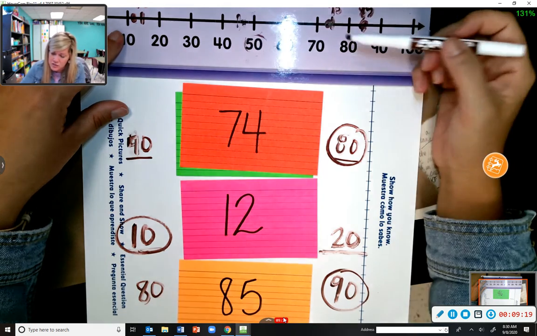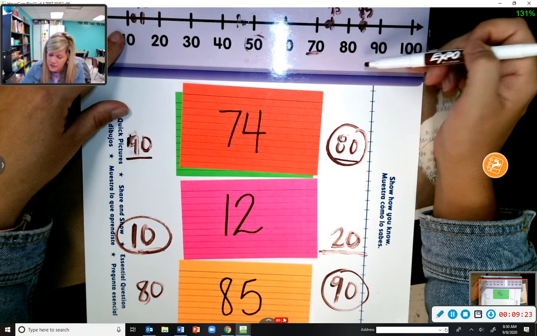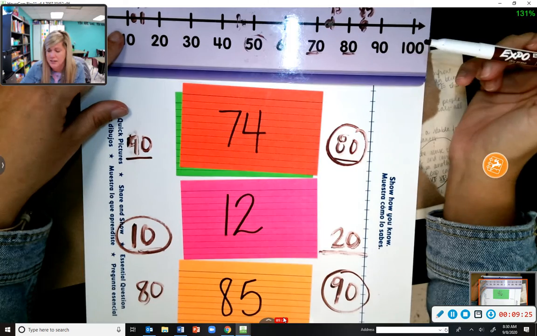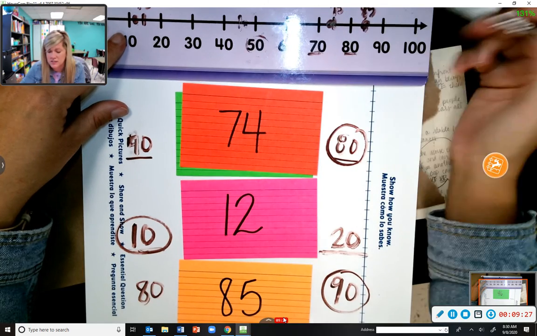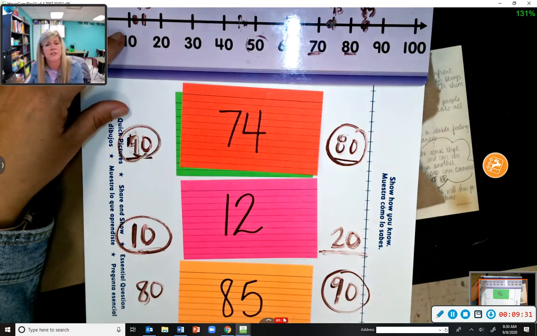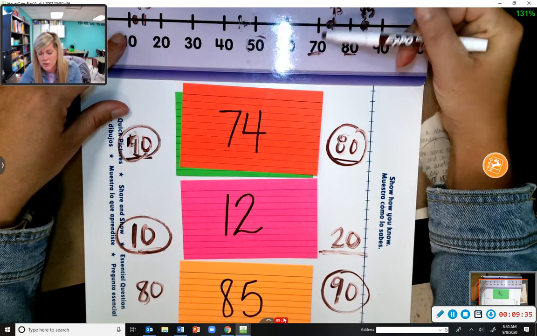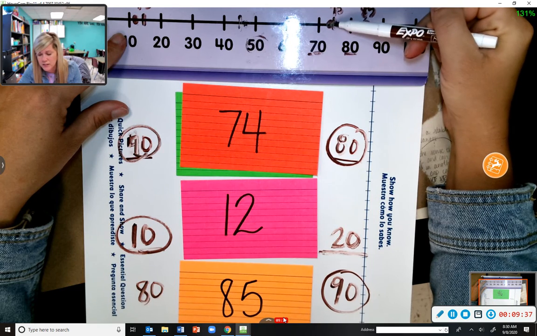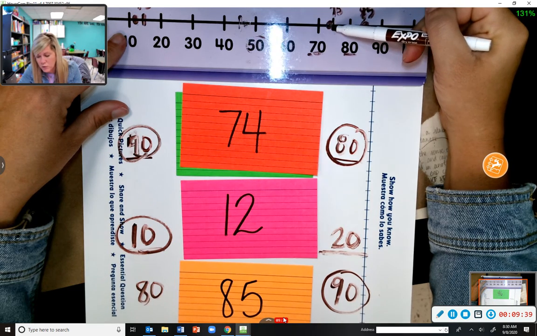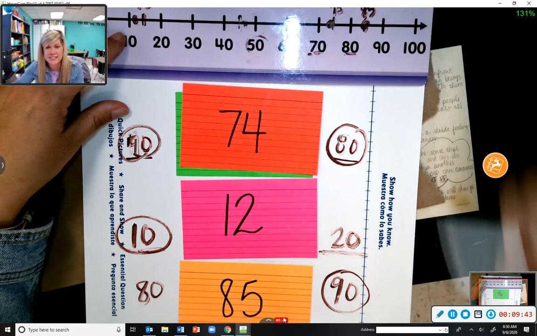Okay, so if it's closer to 70 than it is to 80, then we say it rounds to 70. So 74 would round to 70. So if anything is to the left of the middle, you're going to round down. If anything is on the middle or to the right, it's going to round up to the next 10.